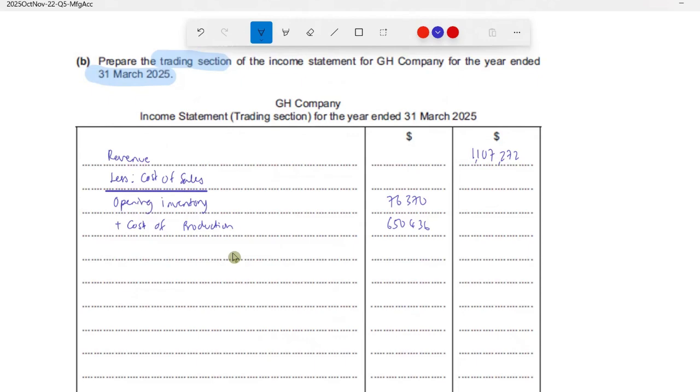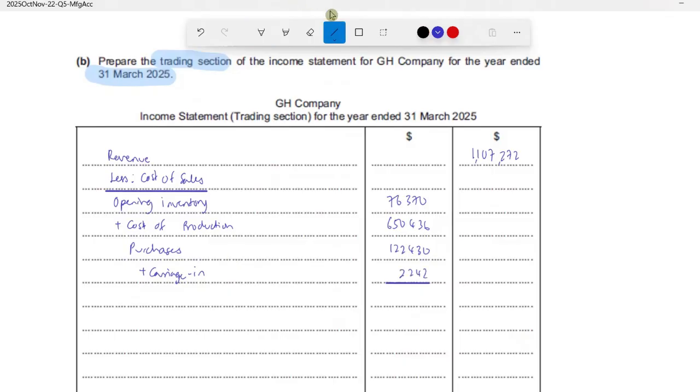We also add purchases. These are purchases of finished goods inventory. So the amount of purchases per the question is 122,430. We also add carriage in of finished goods inventory. This is part of the purchase cost.